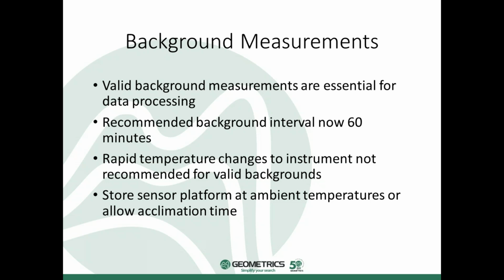Previously, we had recommended background measurements be taken every 2 hours, but based on the findings at the Aberdeen test, we've updated that. The new recommended background interval is now every 1 hour, every 60 minutes.